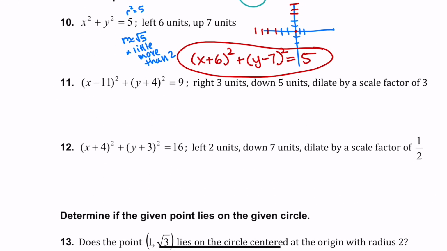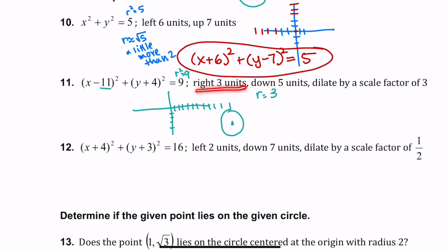Now, on number 11, we're going to the left. We have a -11, so it goes in the positive direction, 11. And in the y direction we have a +4, so it's going to be a -4. The radius squared equals 9, so our radius will equal 3.